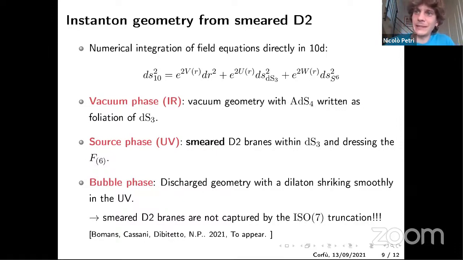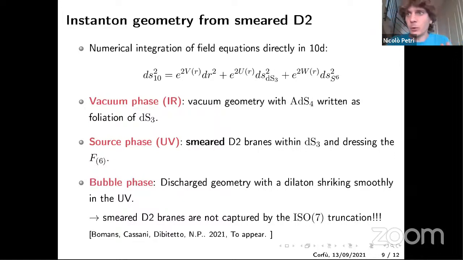In particular, the D2 branes that our solution reproduces in the UV are D2 branes whose charge is smeared over the directions of the 6-sphere. And this property is crucial to understanding why in 4 dimensions it was not possible to find this instability, because the consistent truncation to ISO(7) supergravity only captures localized D2 sources, not smeared ones.